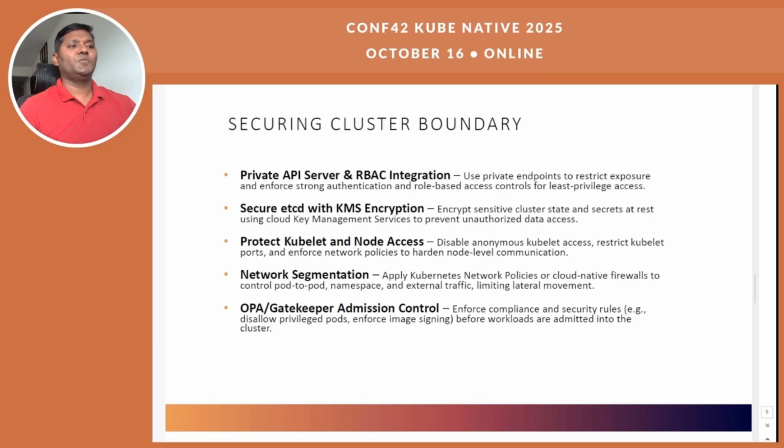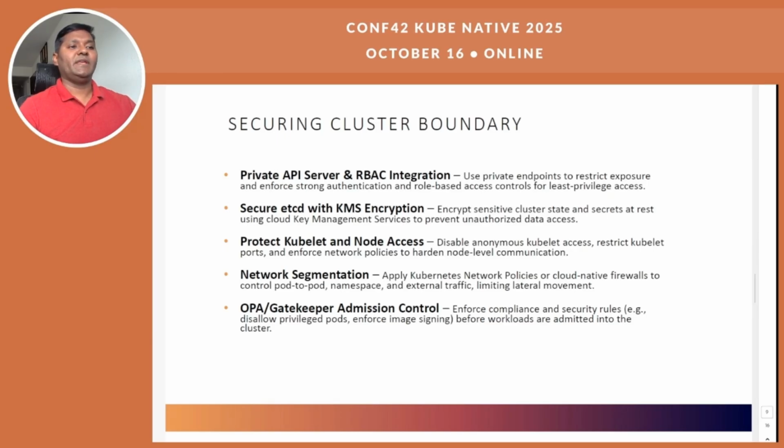To protect kubelet and node access, anonymous access should be disabled, ports restricted, and network policies applied to prevent unauthorized interaction with node-level services. Implementing network segmentation through Kubernetes network policies or cloud-native firewalls limits pod-to-pod and namespace communication, effectively reducing lateral movement within the cluster.